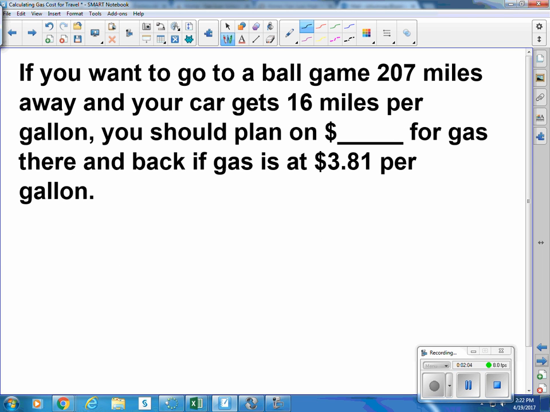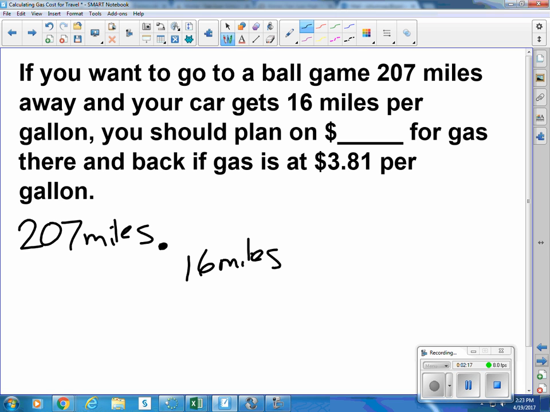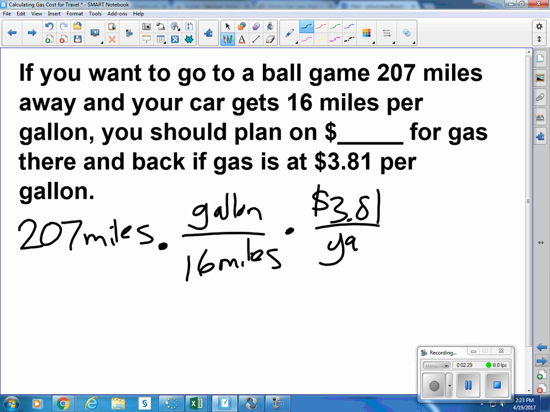Let's change the numbers a little bit. I'm going to also change the way I do it a little bit. So 207 miles, if I multiply that by 16 miles per gallon with the gallons on top, and then if I multiply that by $3.81 per gallon.